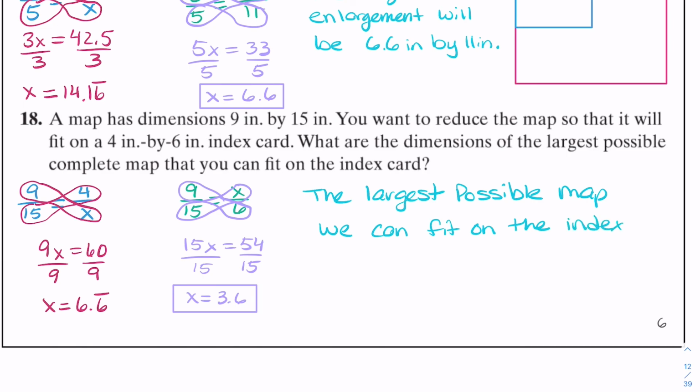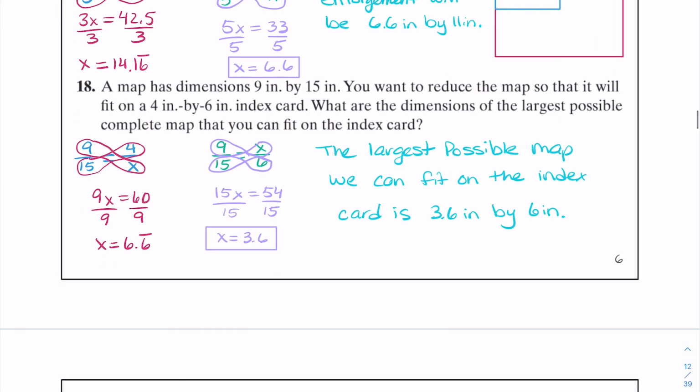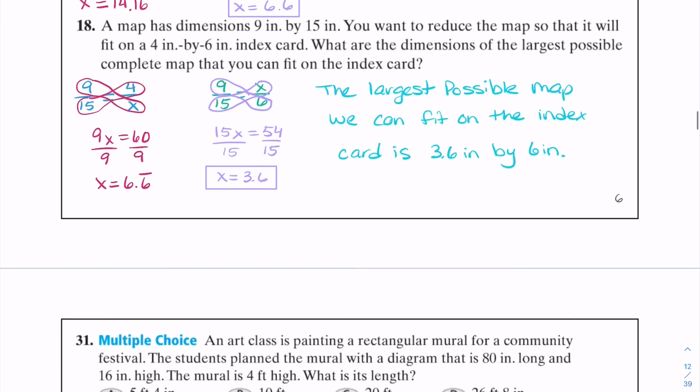The largest possible map is 3.6 inches by 6 inches. And that's it. Again, a pretty difficult one, but I think if you do a couple more of these, you would get the hang of it.